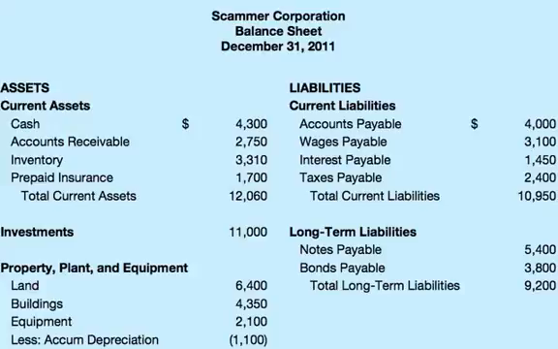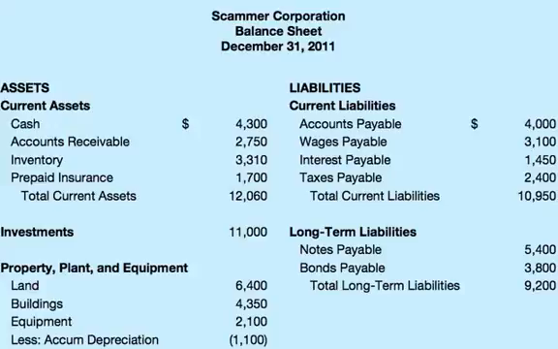Okay, so here we have a balance sheet for Scammer Corporation, and it's on December 31st, 2011. And that's one of the first things that we should point out about a balance sheet, is that a balance sheet is always a snapshot in time. Or, in other words, at any given point or on any given day, this is our list of accounts and where the business stands. And so that's an important distinction between the balance sheet and the income statement or the statement of cash flows.